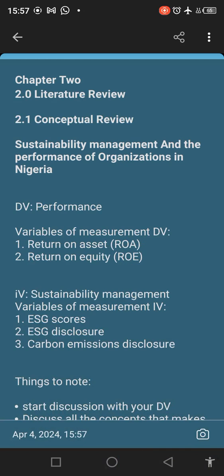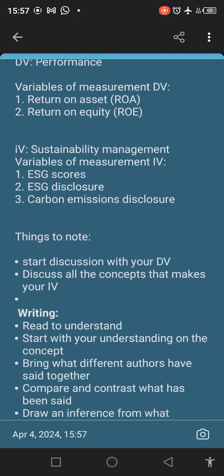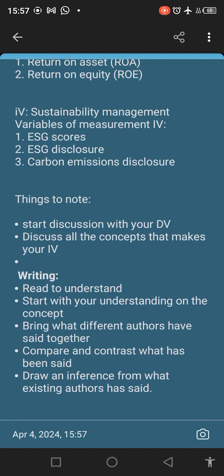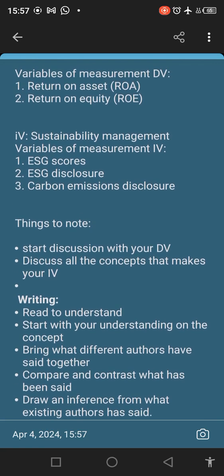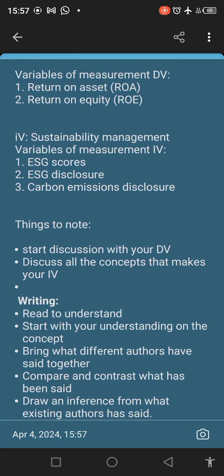Now, there are things we need to note while writing our conceptual review. Number 1, whenever we want to write our conceptual review, we start our discussion with our dependent variable.